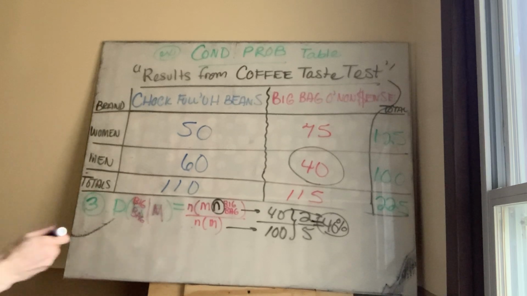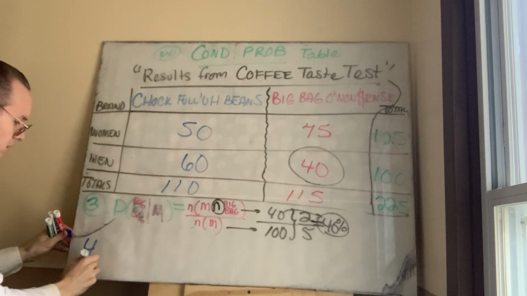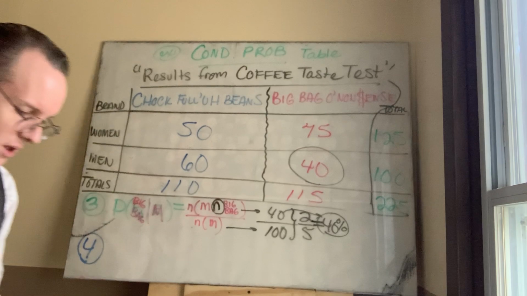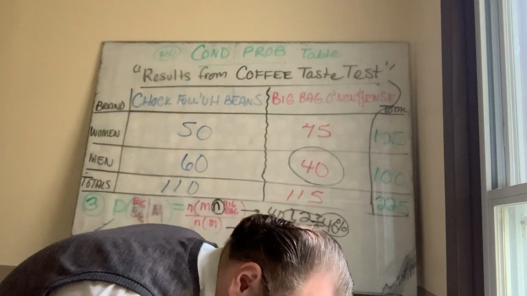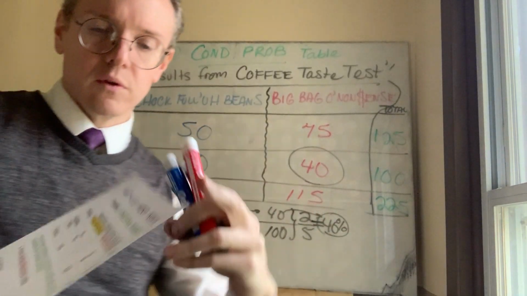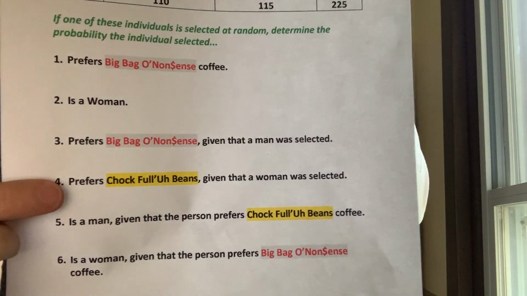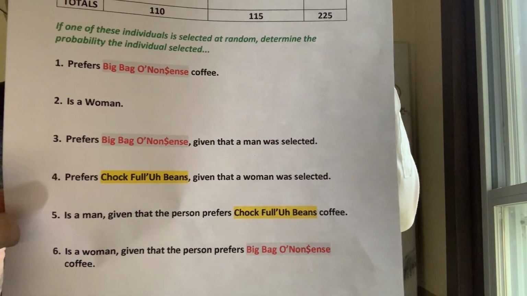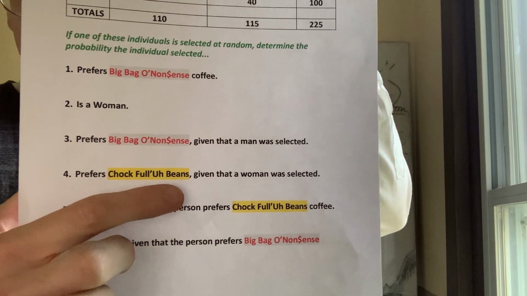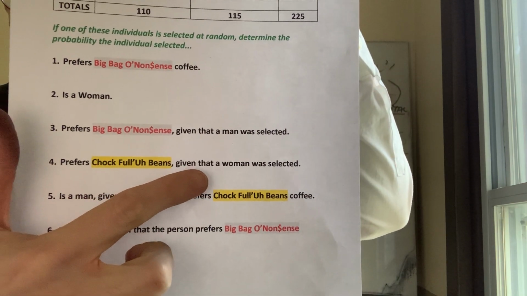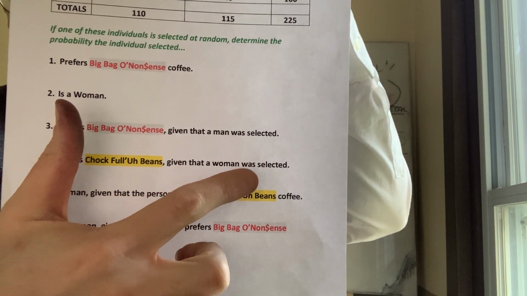Problem 4, I'm jumping the gun here. The probability that the random person selected prefers chock full of beans, given that a woman was selected.